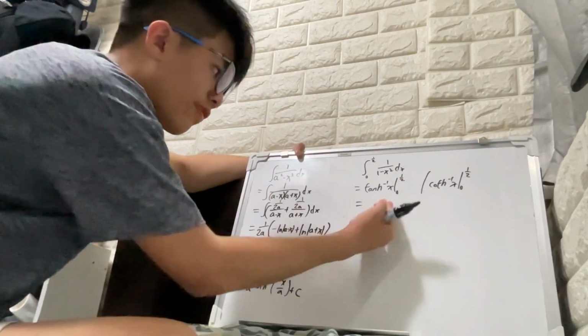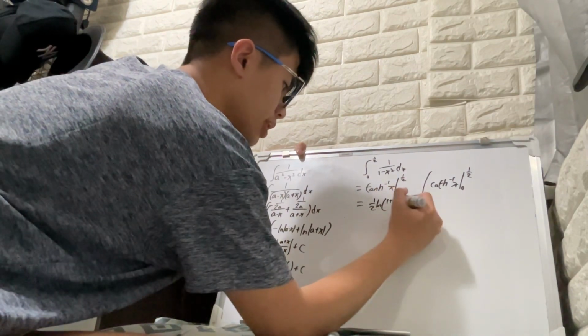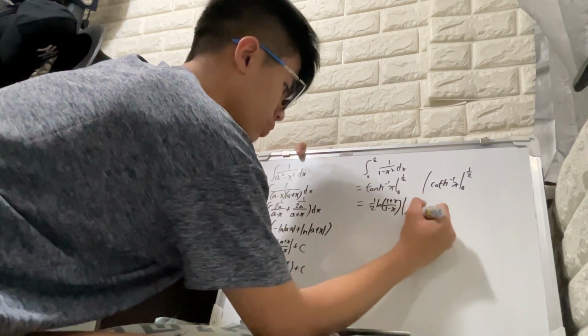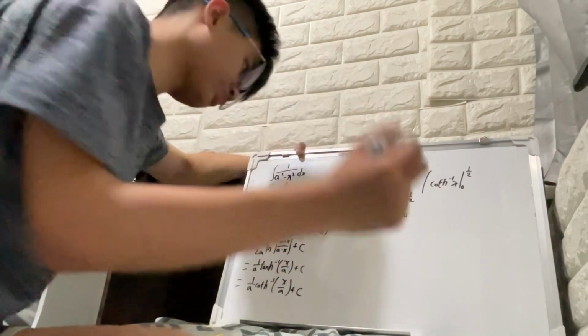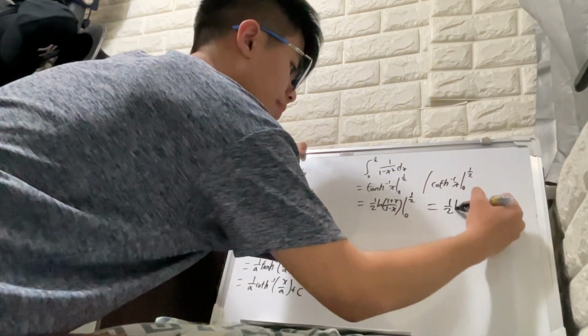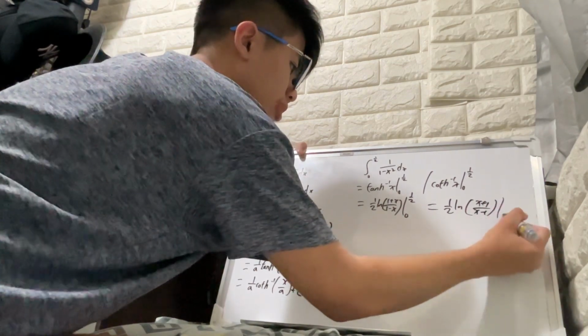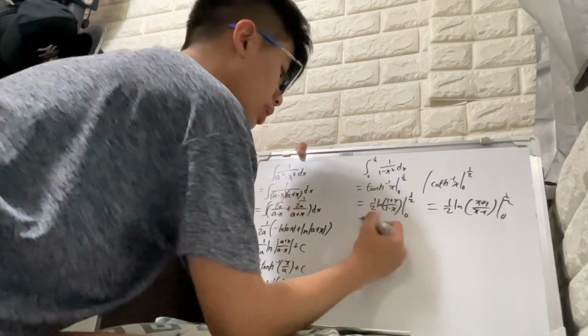We already know the form of this is equal to 1 over 2 times ln of 1 plus x over 1 minus x, put 0 and 1/2 like that. And then this one is equal to 1/2 times ln of x plus 1 over x minus 1, put down 0 and 1/2. And here's the deal.